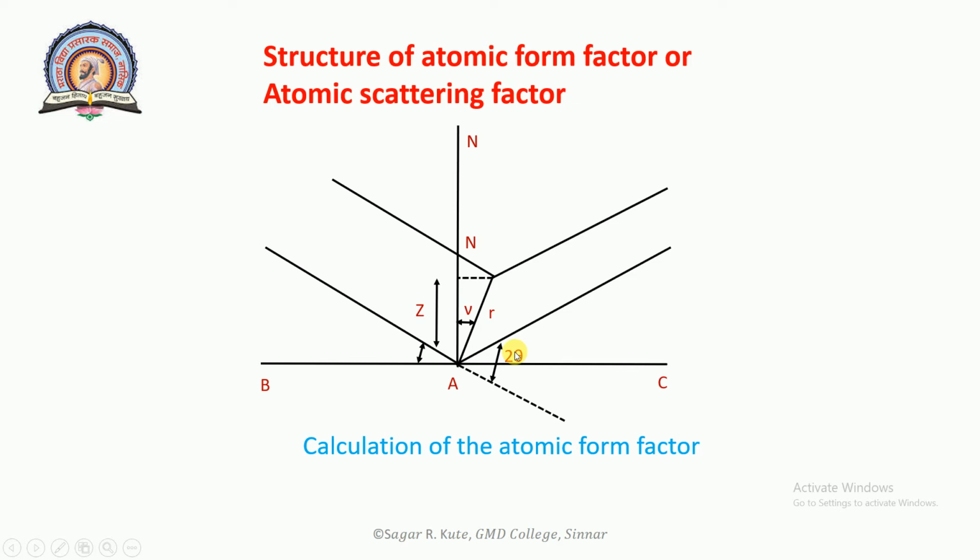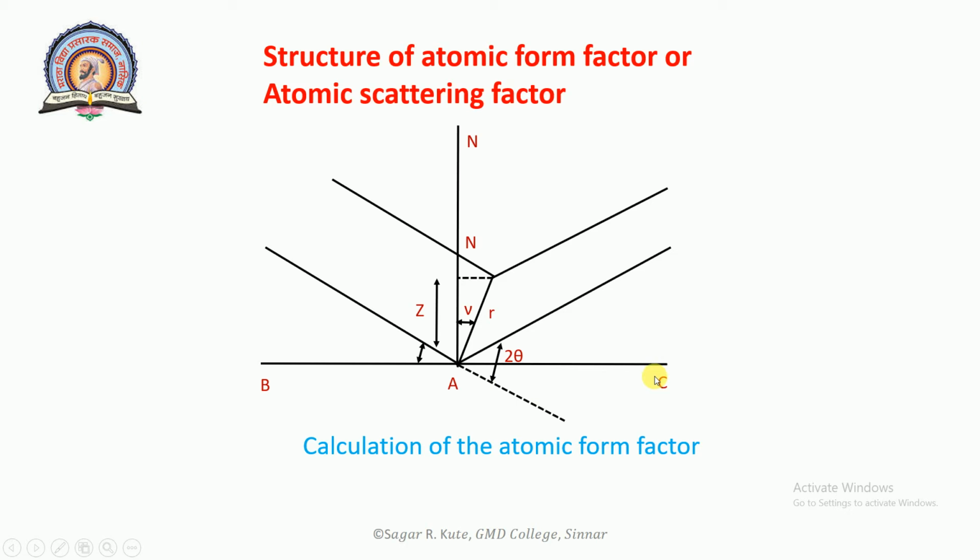We may then choose the z-axis of the polar coordinate system r, theta, phi along AN, where AN is the normal to the reflecting plane.